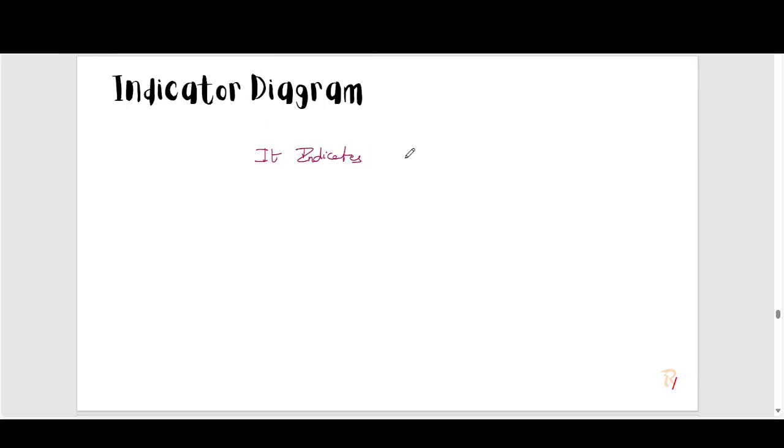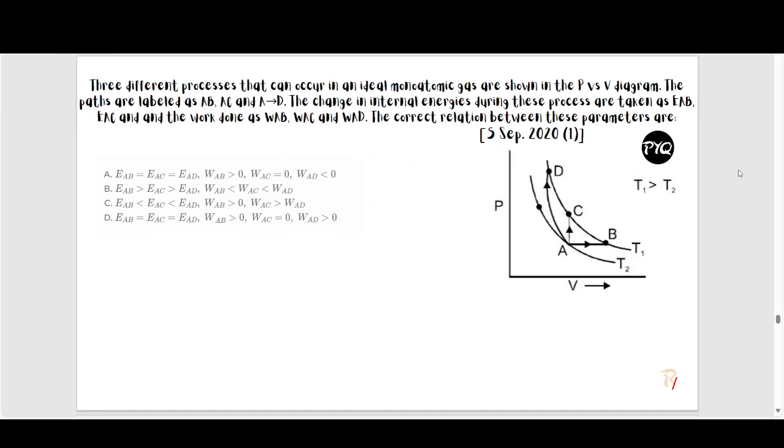It indicates the thermodynamic state of a system.